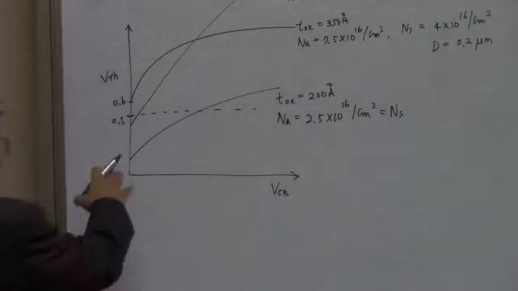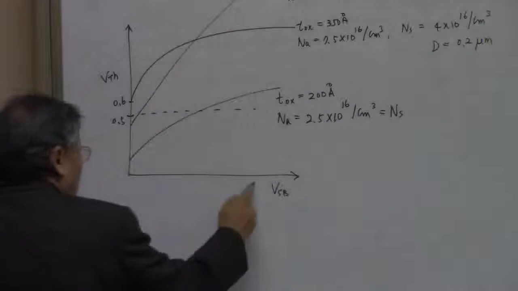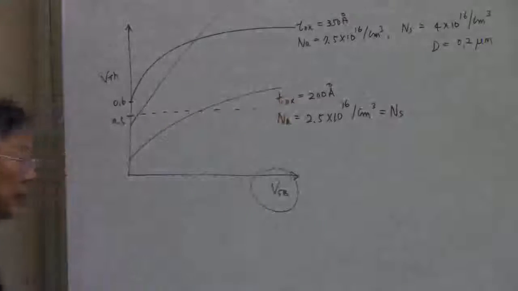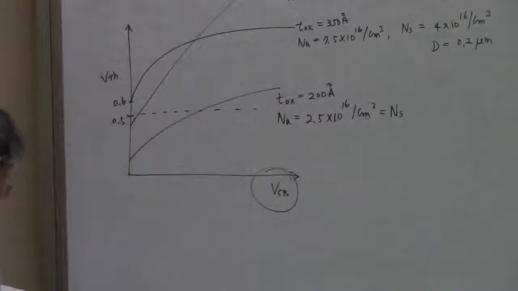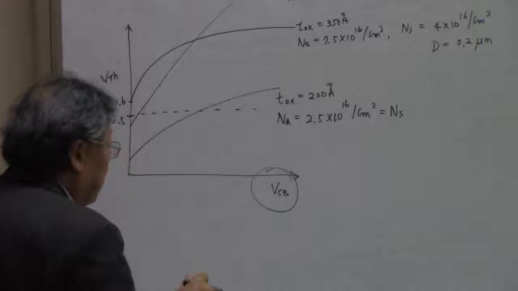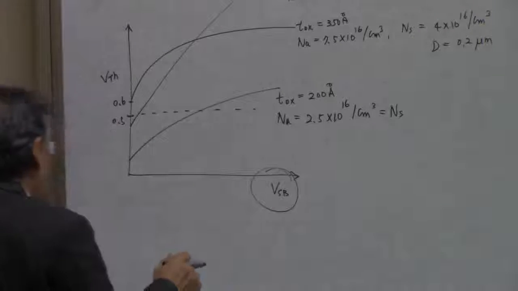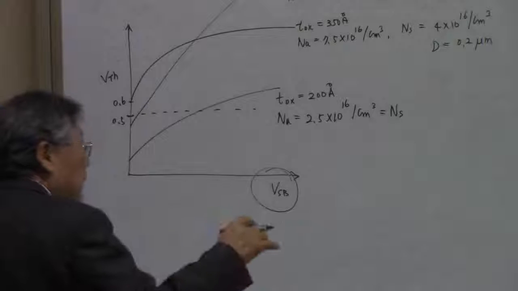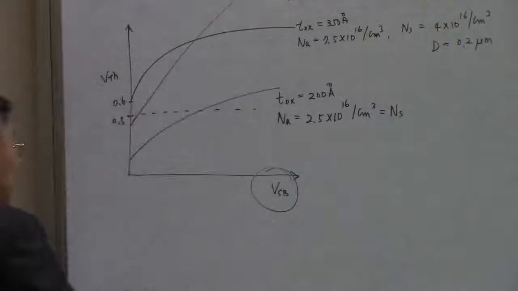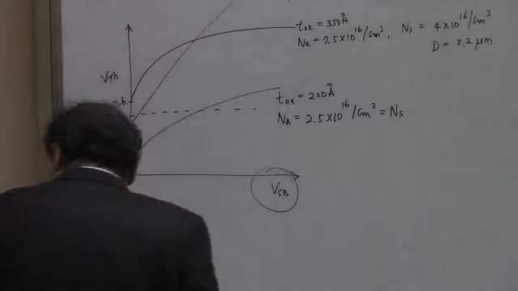Then you can see the body effect can be minimized with this extra implant. Okay, so that's how we can compromise, minimize the delta VTH, the effect of backgate bias on the threshold voltages.